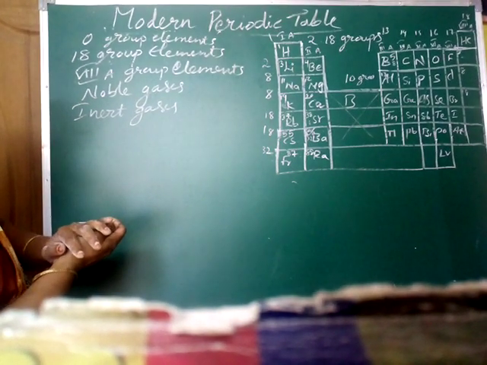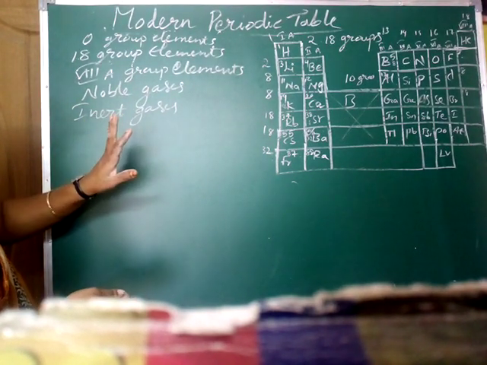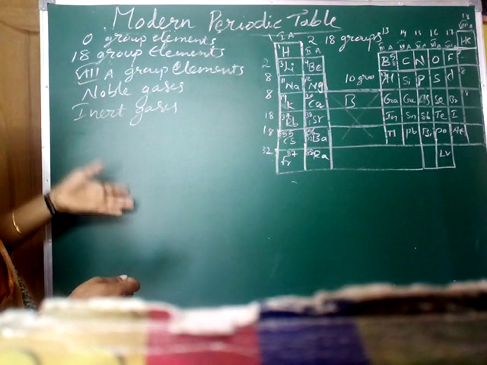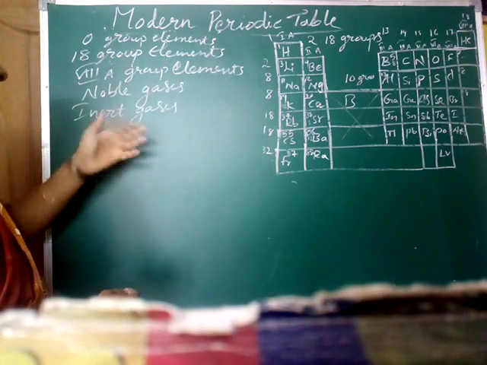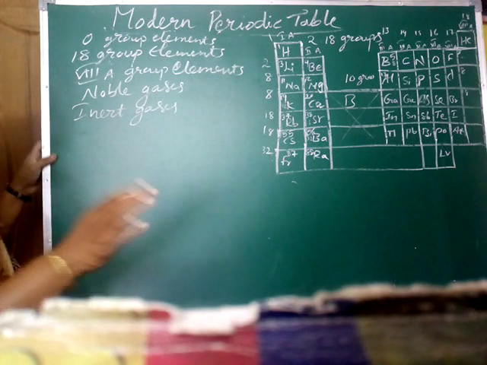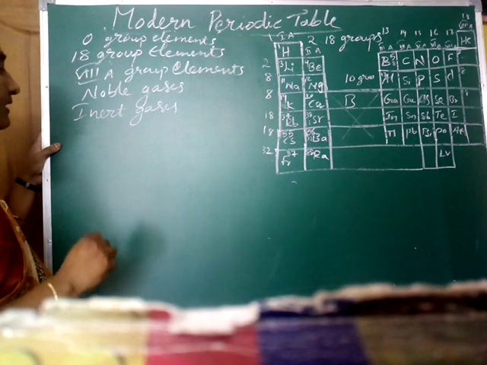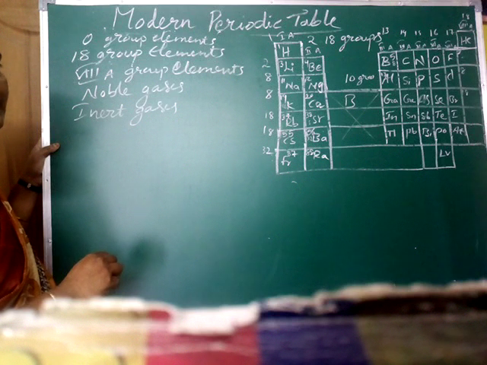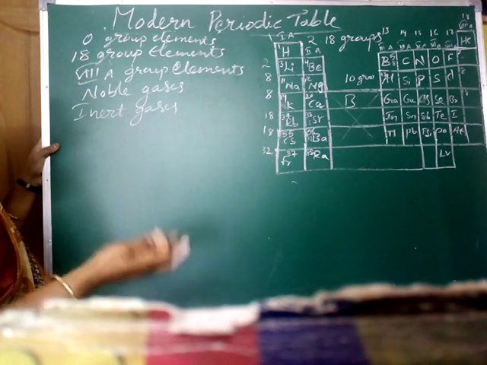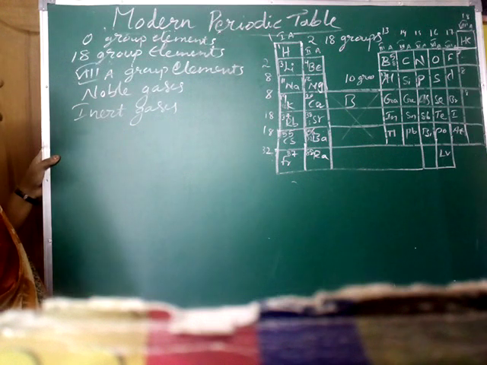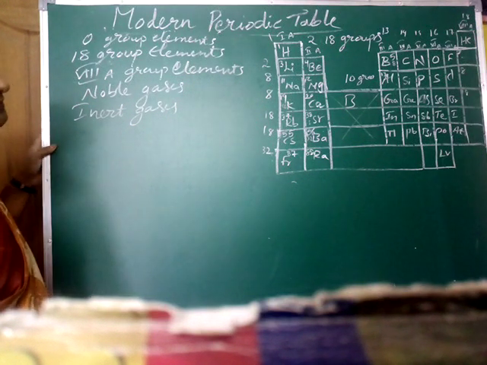They are called noble gases because their reactivity is less. Inert gases means there is no reactivity, so the inertia is very high. That's why these are called inert gases.